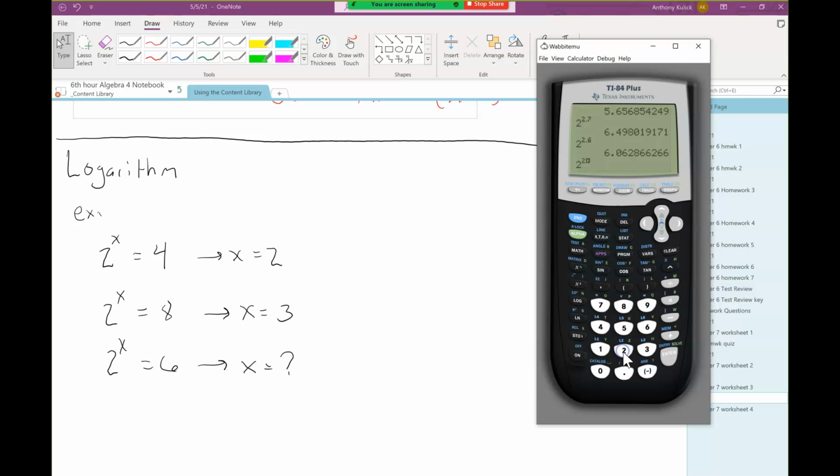So let's go in the middle. Too small. So it has to be exactly 2.57265. 2.7, still too small. Let's try 2.8. Still too small. Maybe 2.9.